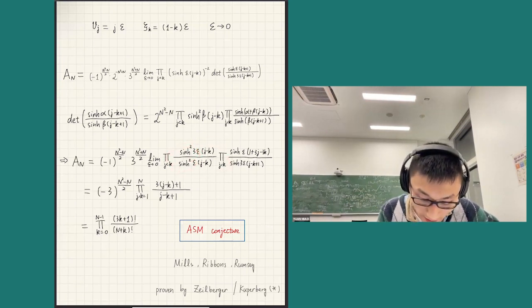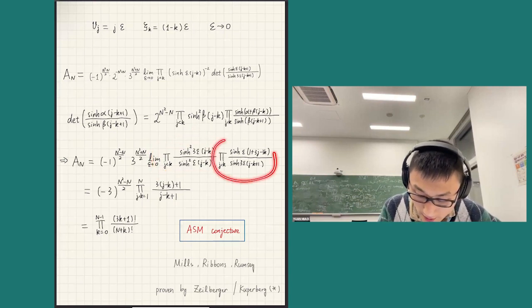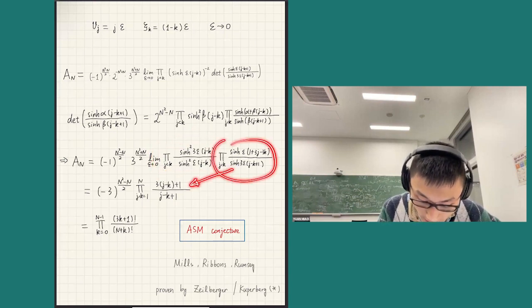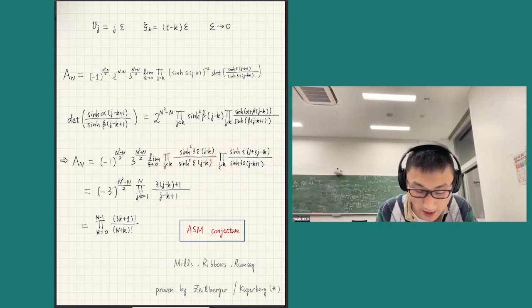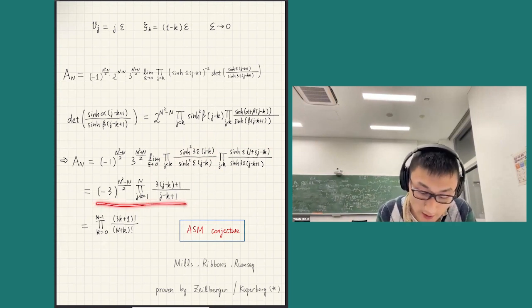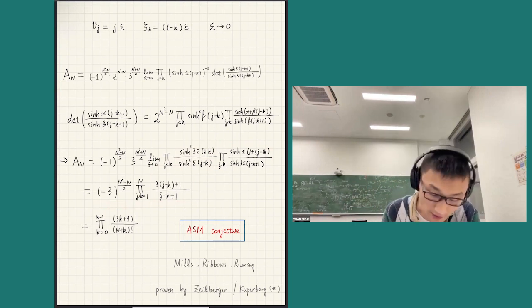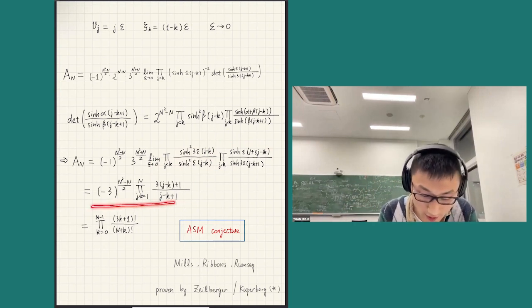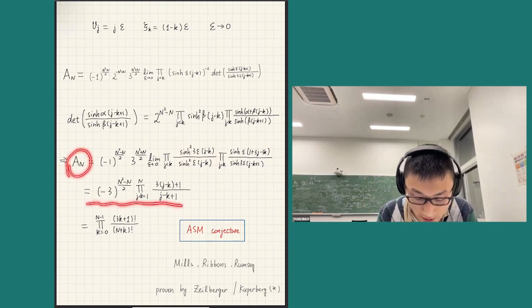And what we have in the end is, for example, here it gives you 3 to the power of something, and here this product gives you this product. And then this is more or less the end of the proof. So by evaluating these partition functions at this specific value, what we can show is that the number of ASMs equals this number.